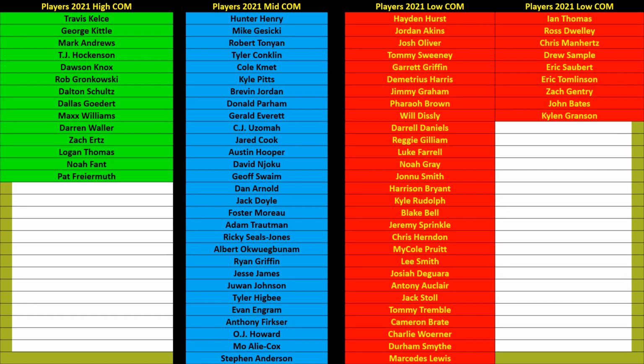So this is then players grouped based on their consistency levels in 2021, last year. And you see the players that were high, medium, and low. A lot of low players, which a lot of teams will have some of these.